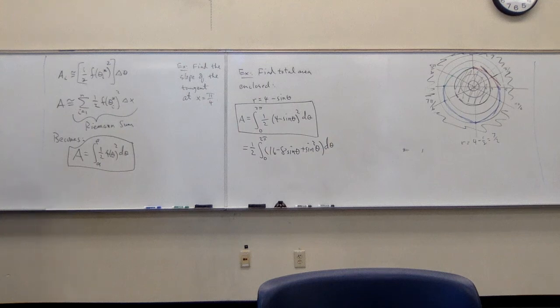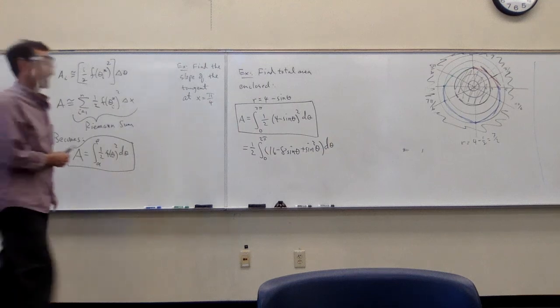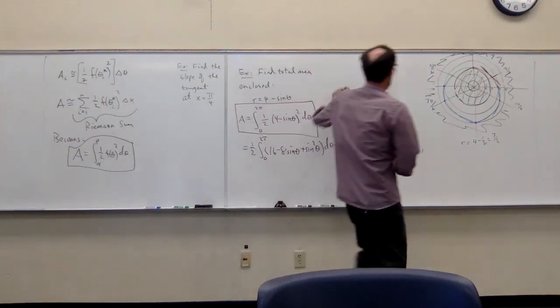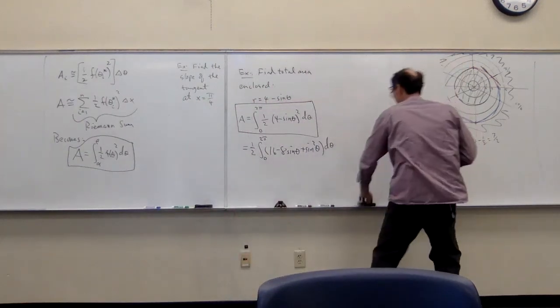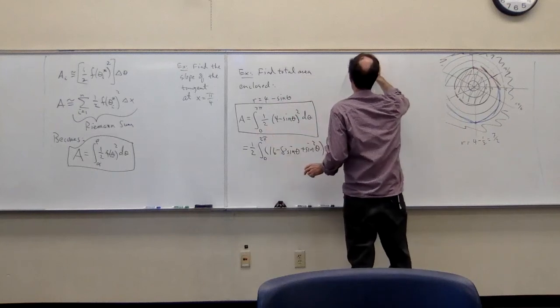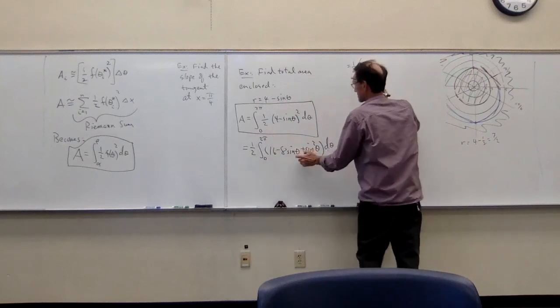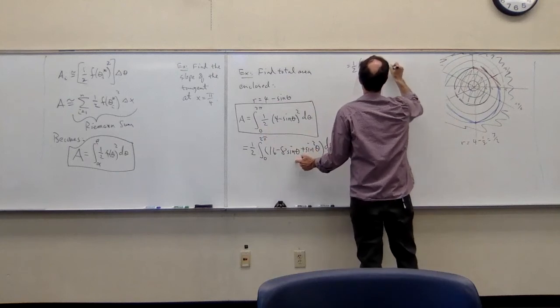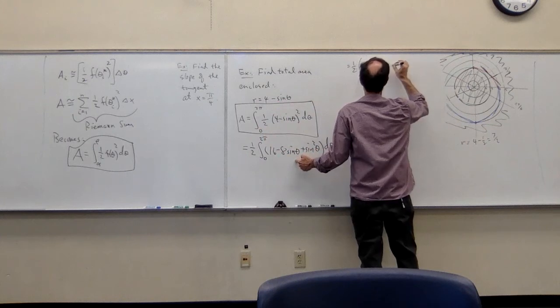Okay, are you with me? The antiderivative of 16 is 16 theta. Remember, we got that 1/2 out front. The antiderivative of sine theta is negative cosine theta, so let's flip that sign.